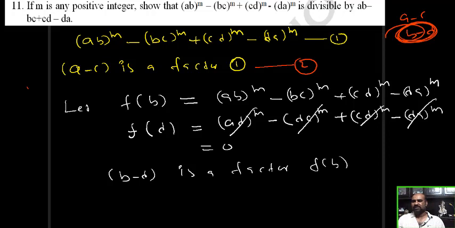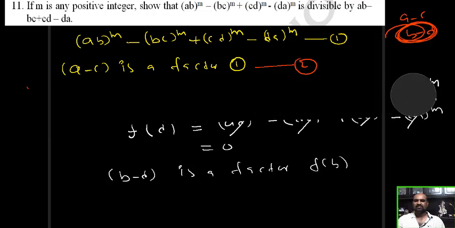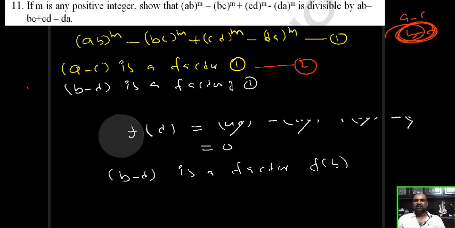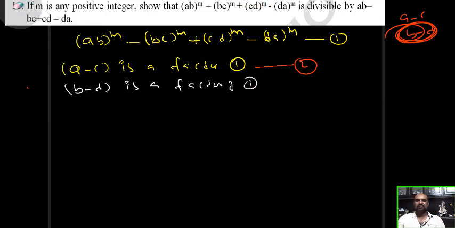f of b. f of b means equation 1 only. Therefore I will write here that b minus d is a factor of 1. So I can say this is result number 3.